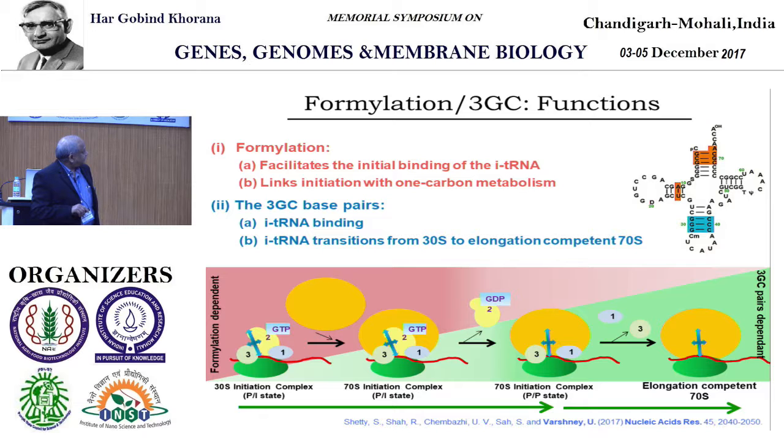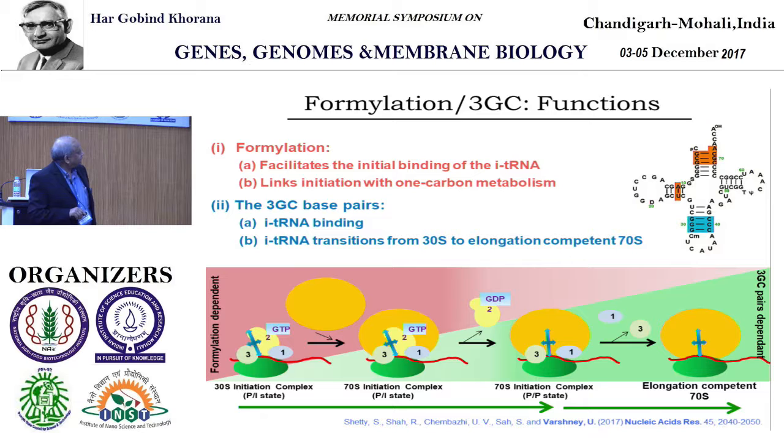What we realized is that the 3 GC base pairs are important for this transition from the P/I state to the P/P state. And we also realized, based on some additional work from the suppressors, that the 3 GC base pairs are also important in ejecting initiation factor 3 from the ribosome. And so once you have those 3 GC base pairs, you can make a 70S initiation complex where the tRNA is in the correct orientation.